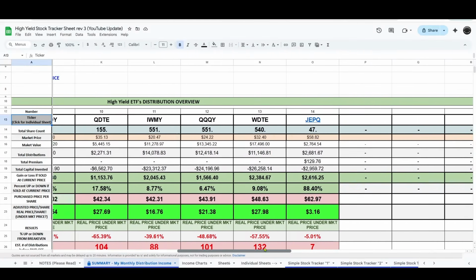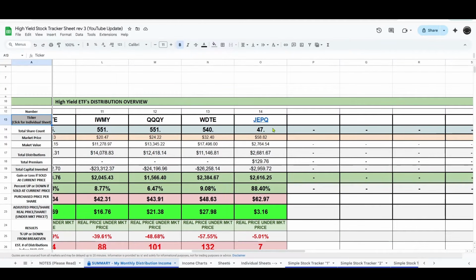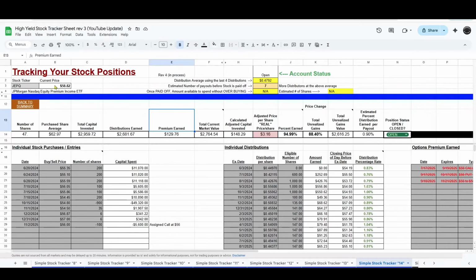And if I scroll all the way over, I did throw in one all the way over here for JEPQ, just to show you that no matter which ticker you would actually select, it will take you to that sheet. So we'll do JEPQ, click it, boom, JEPQ, as you can see up here at the top.